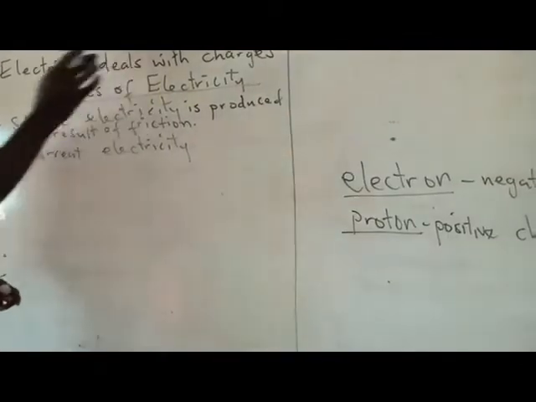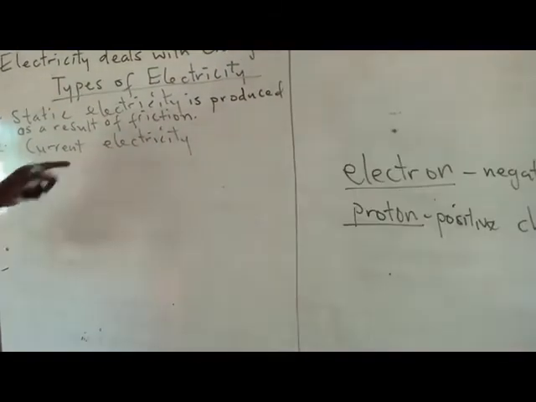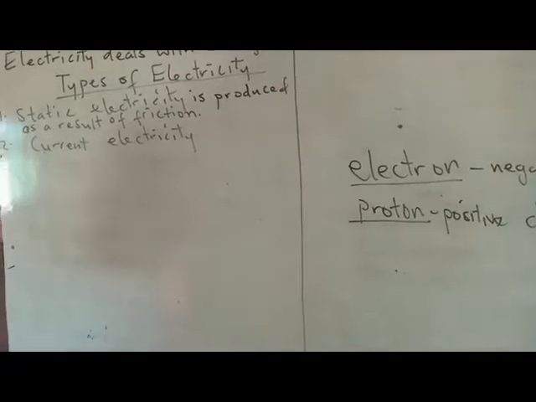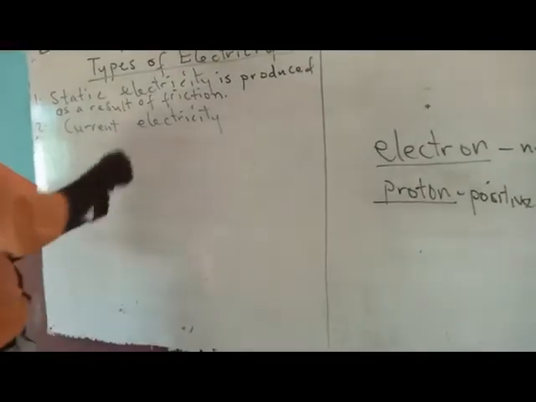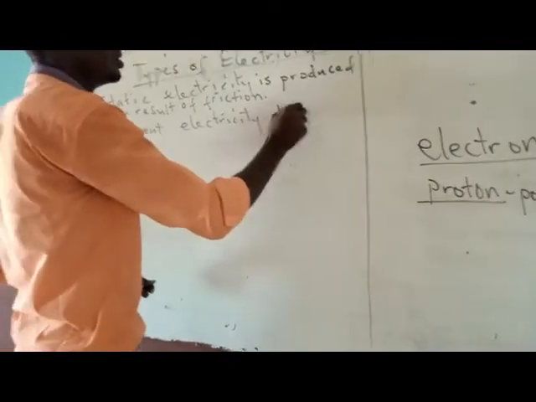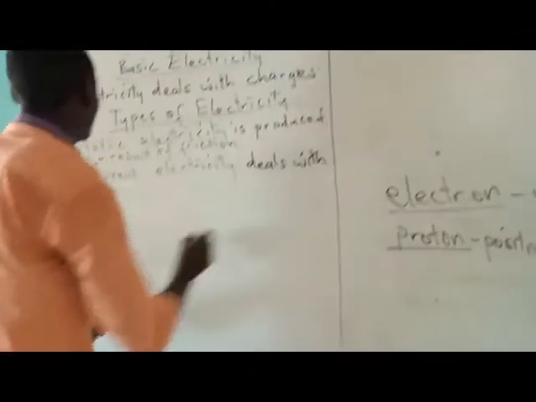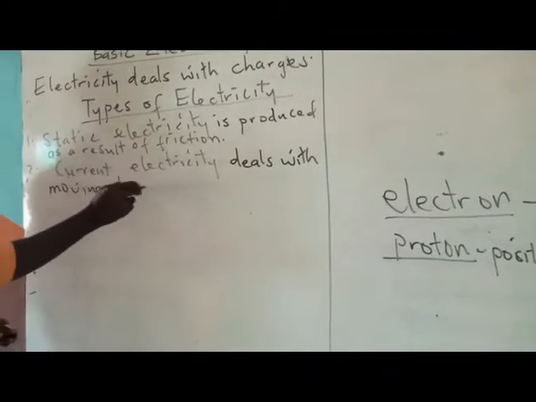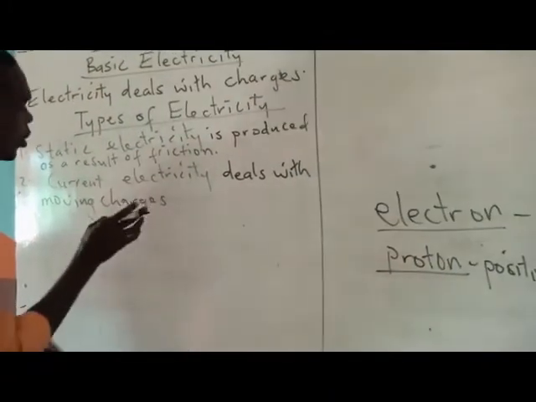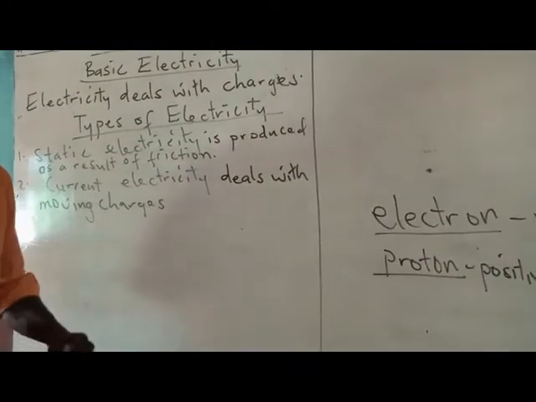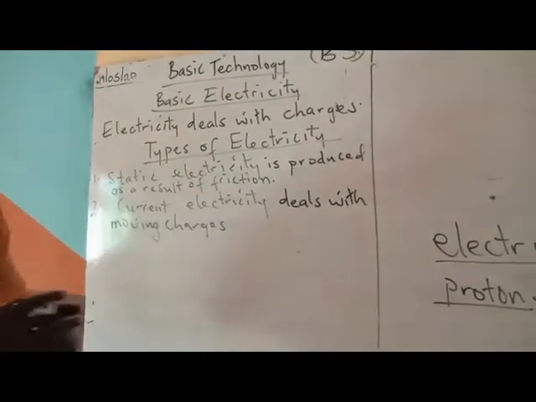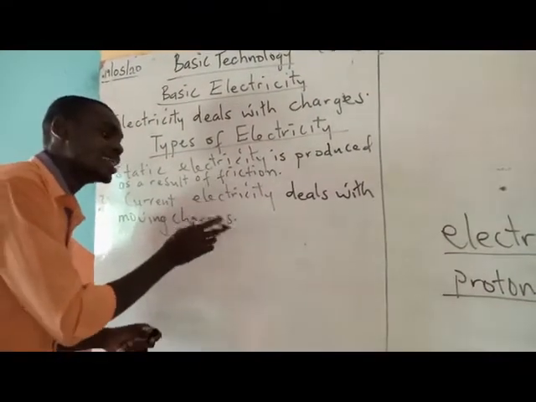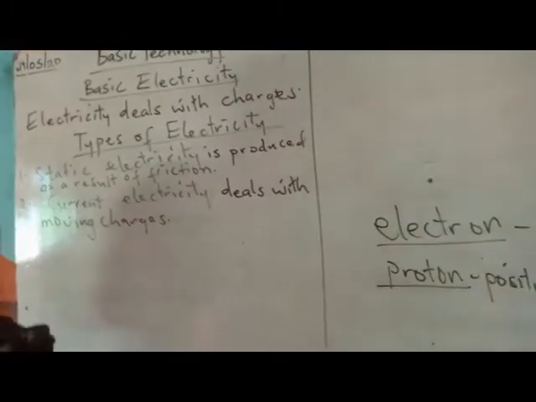So that's static electricity. Now the next one we look at is current electricity. Current electricity deals with moving charges, charges that are in motion. That's what current electricity deals with. Alright? Charges that are moving, and that's the electricity that you use often in your house.